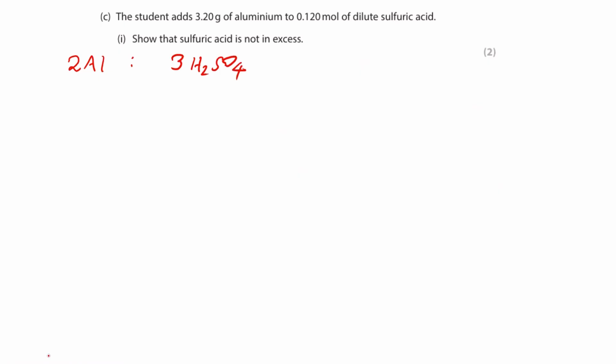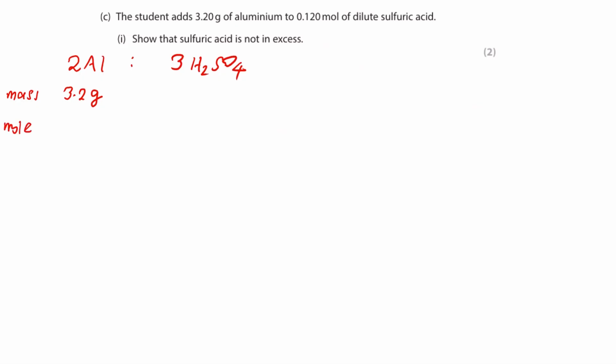Now let's see, when you add 3.2 grams of aluminium, how many moles of sulfuric acid is required? The mass of aluminium added is 3.2 grams. So how many moles of aluminium were added? How do we find moles?